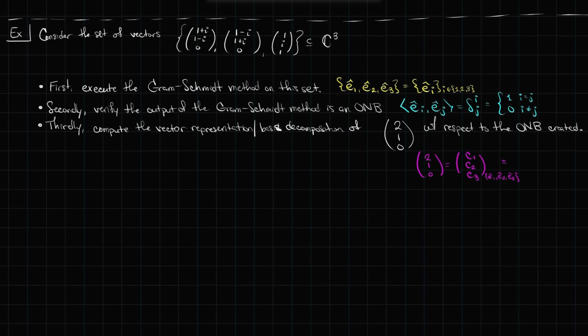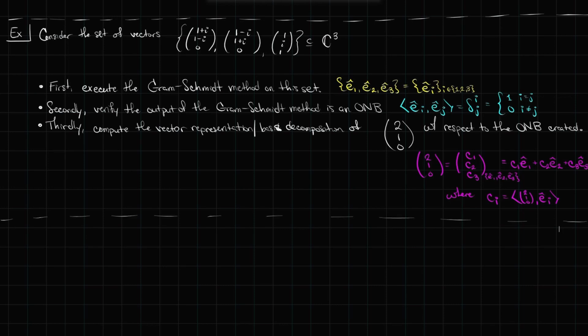And keep in mind, that's equivalent to saying it's c1 times the first vector plus c2 times the second vector plus c3 times the third vector. And because it's an orthonormal basis, we can get away with noticing that c sub i equals the inner product of our original vector (2, 1, 0) against e hat sub i. That's going to be our job for today.